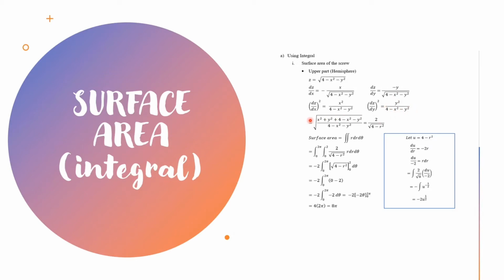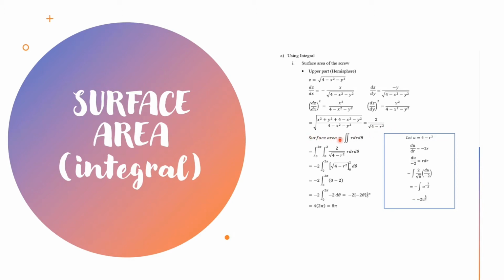As we know, x squared plus y squared is equal to r squared. So that's why we got 2 over square root of 4 minus r squared.